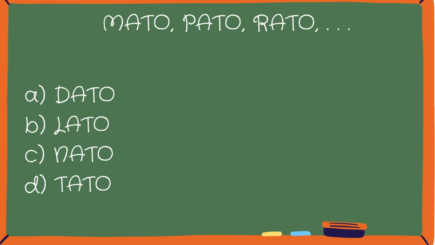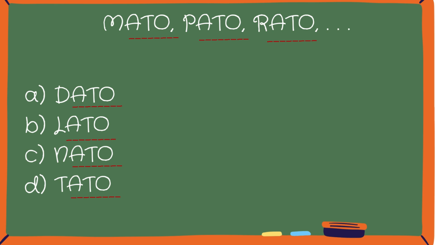The first thing we notice is that these 3 words end with ato. Look, ato, ato, ato, and all the alternatives. The 4 alternatives end with ato. So it means that I'm not going to consider the ato, because it's something in common to all the elements of the sequence and to all the alternatives. I'm going to look at the first letters. I have M, I have P, and I have R. M, P and R. When I analyze these letters, I realize that they are letters of the alphabet that are in sequence.